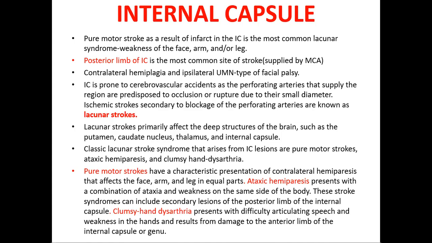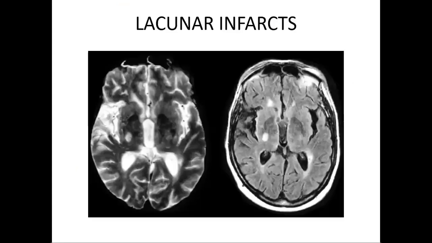In this kind, they find contralateral hemiplegia and ipsilateral lower motor neuron type of facial palsy. Similarly, another most common site for lacunar stroke is the posterior limb of the internal capsule. The posterior limb is more prone to stroke because it is supplied by a different artery, which we call the middle cerebral artery.